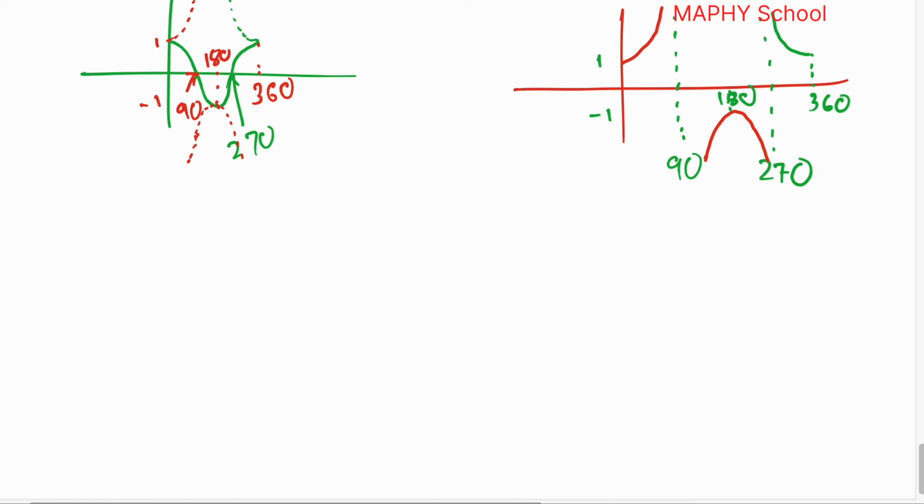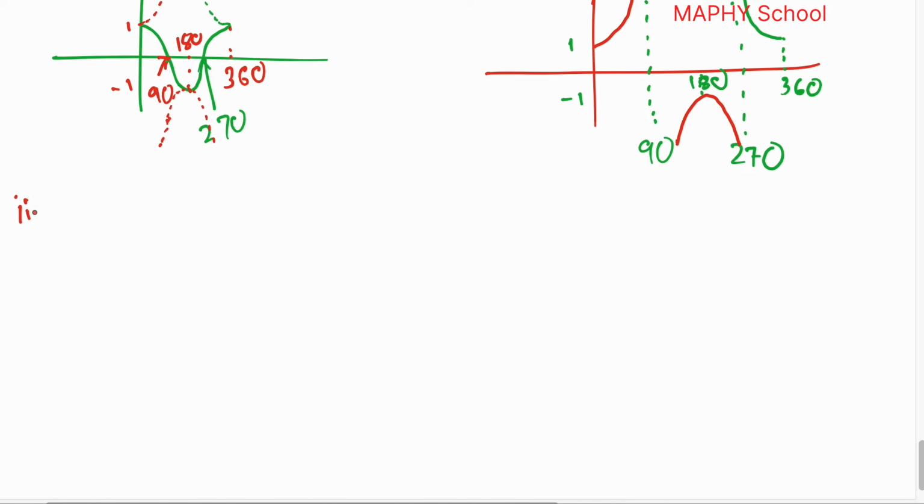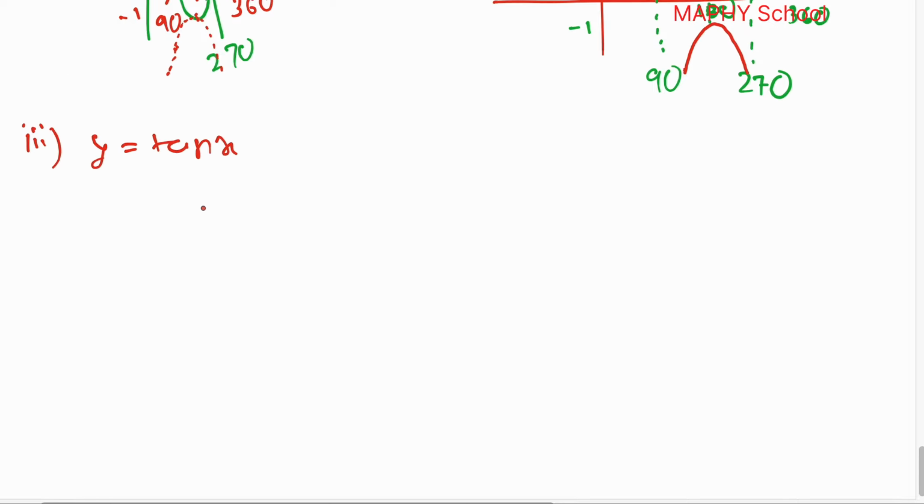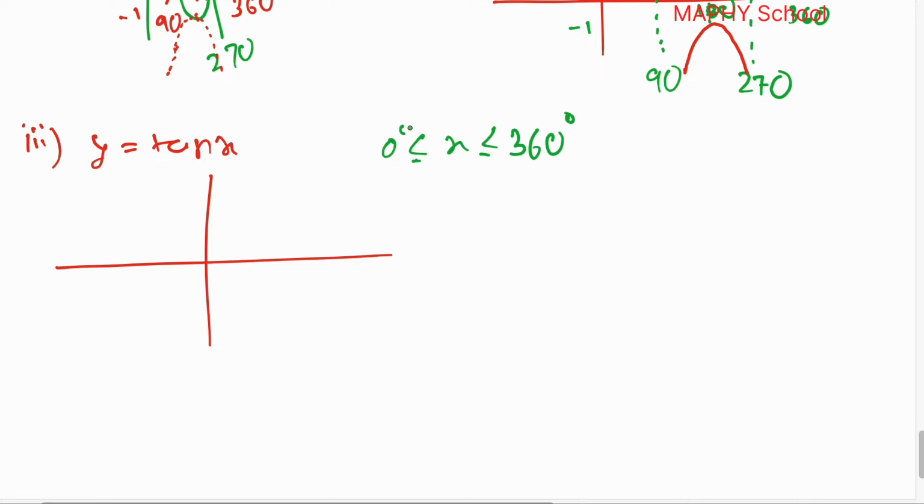Then we go for y equals tan x. For example, we are drawing for 0 to 360 degrees, so it would be like this way. Here this part will be erased as it is not in our range.